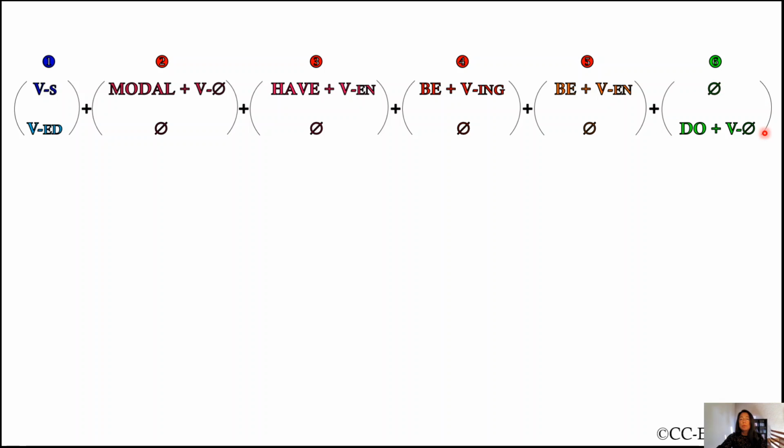And so do plus V0 here can be regarded as the green operator or the operator of secondness. Secondness in semiotics being the category of opposition. And do plus V0 is the operator that you use when you want to create different types of sentences.